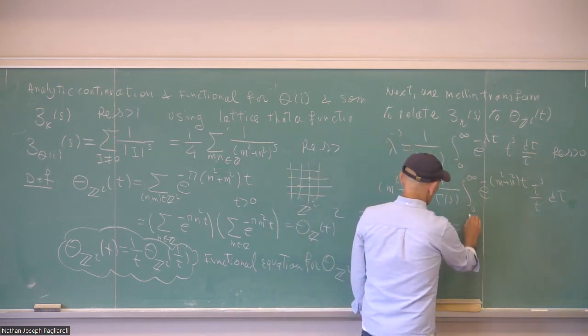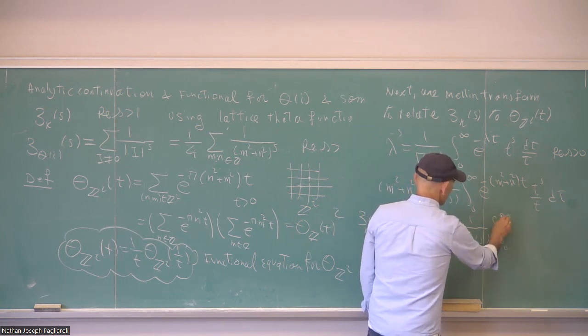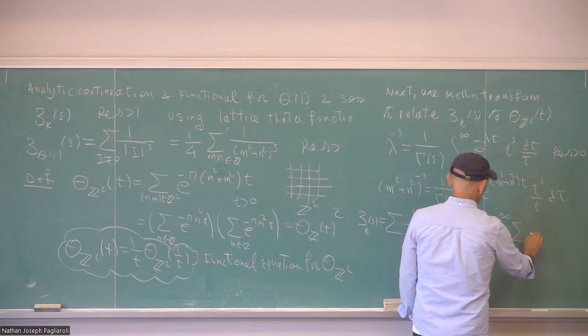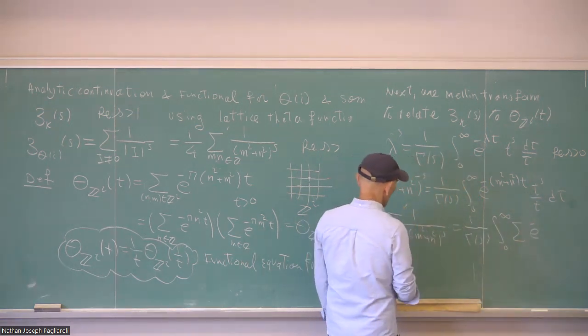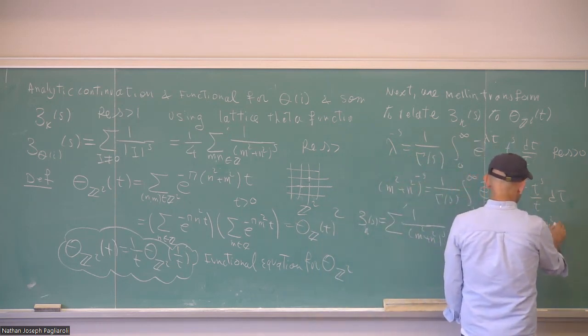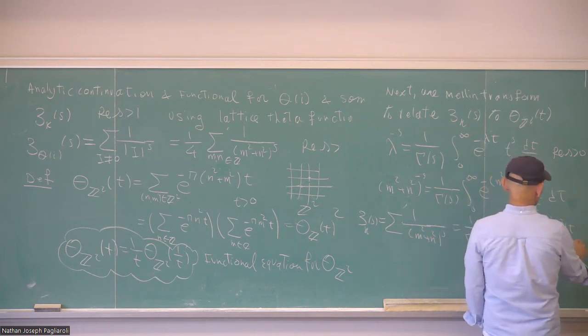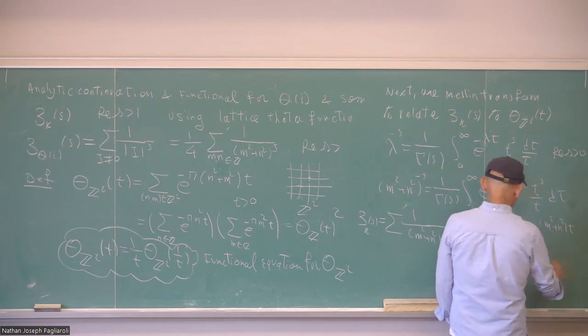So this is equal to 1 over gamma s, integral from 0 to infinity, of the primed sum of exponential of minus (m squared plus n squared) t, t to the s over t dt.